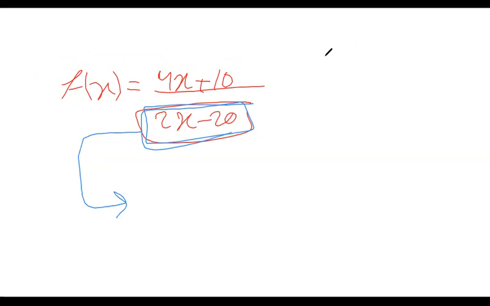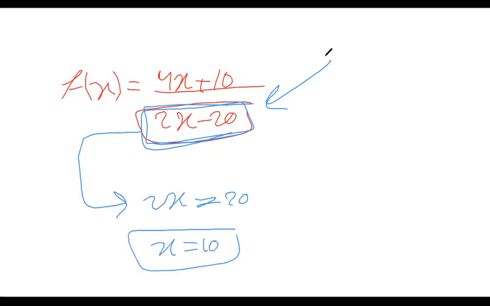We know that a vertical asymptote is where the function approaches but will never reach, so that value is undefined. So the vertical asymptote is the zero of the denominator. So here we'll say 2x is equal to 20, so x is equal to 10.